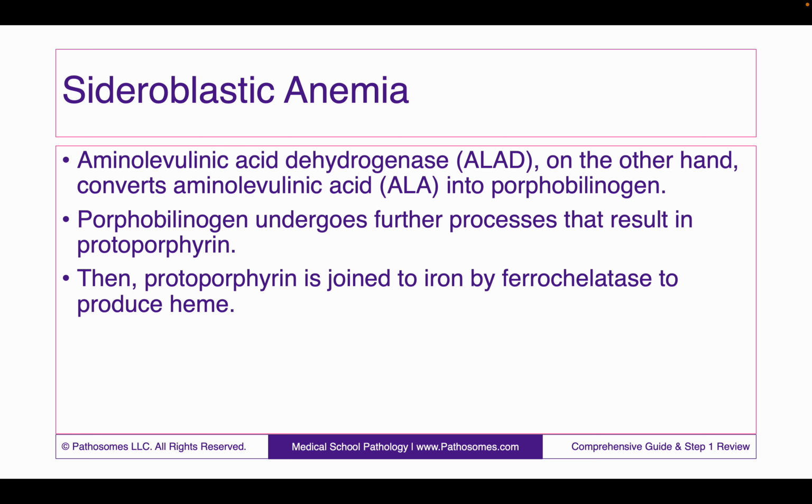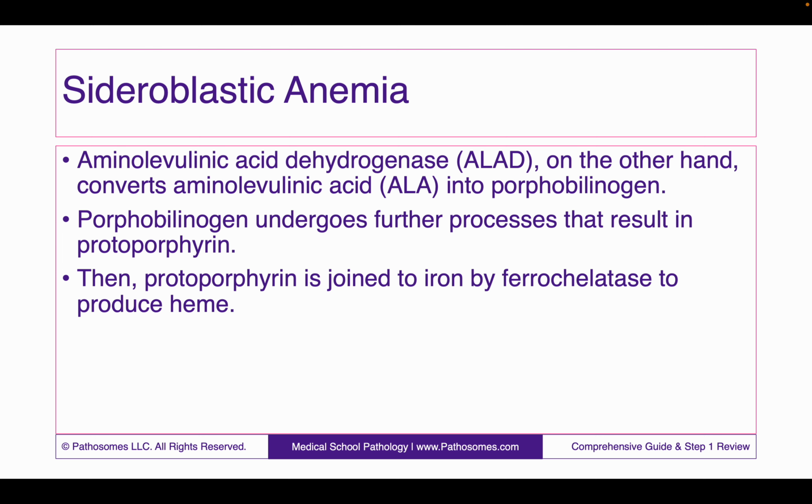Porphobilinogen undergoes further processes that result in protoporphyrin. Then, protoporphyrin is joined to iron by the enzyme ferrochelatase to produce heme, right?